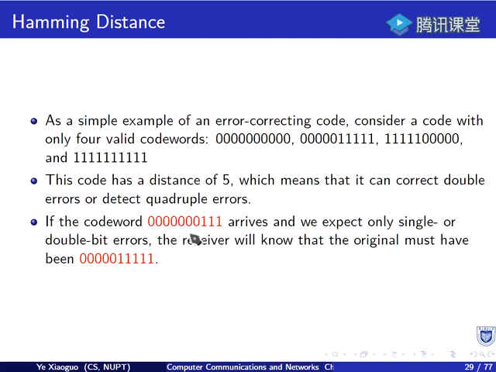So if a new code arrived, we expect only single or double bit errors. The receiver will know that the original must have been this one. So the receiver can correct the code, but with this expectation of only single or double bit errors. So that is how the Hamming distance works.